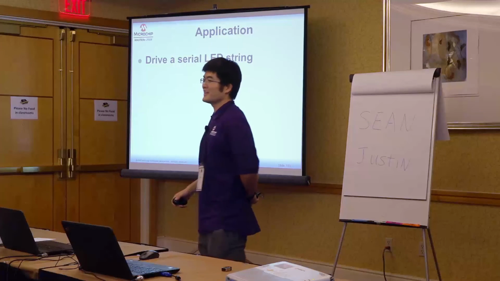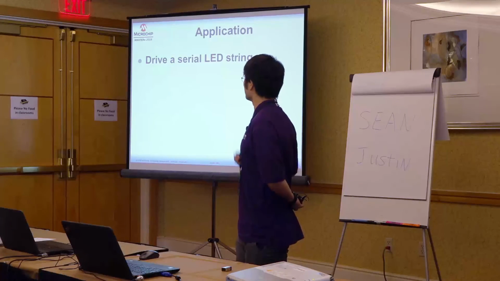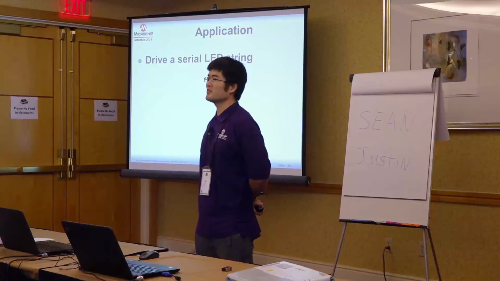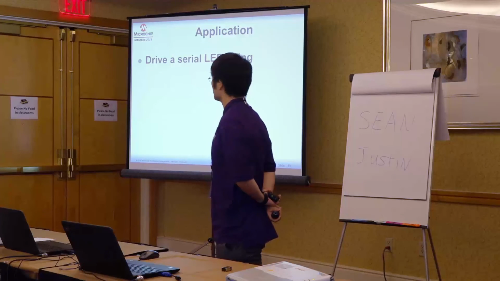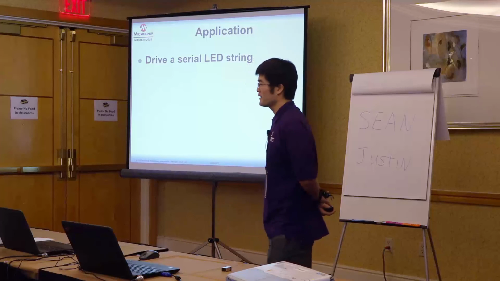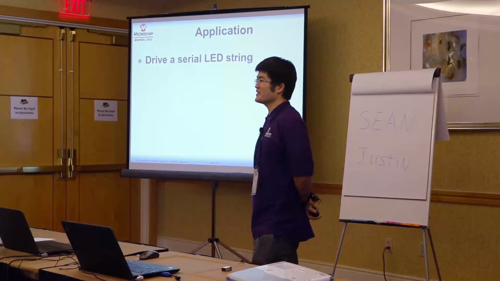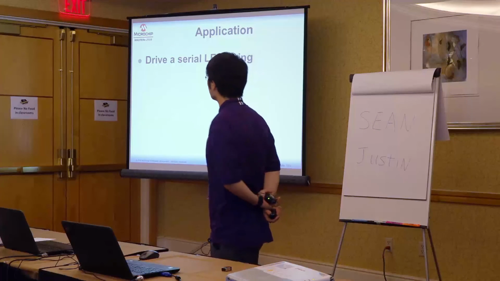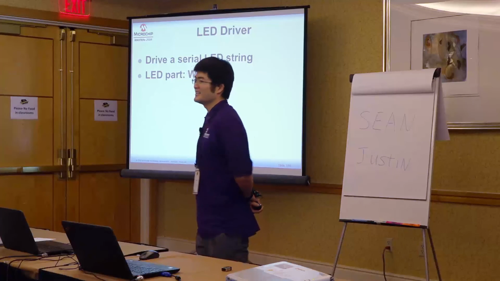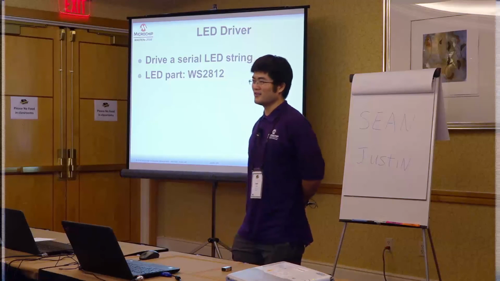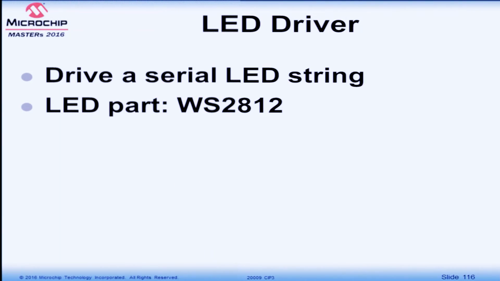So one example that you might be interested in is we can actually use some of the CIPs to drive a serial LED string. Well, this might not be that trivial if you use some specific part, right? So one of the popular parts in the hobbyist and maker community is something called WS2812. This is a peculiar LED part.